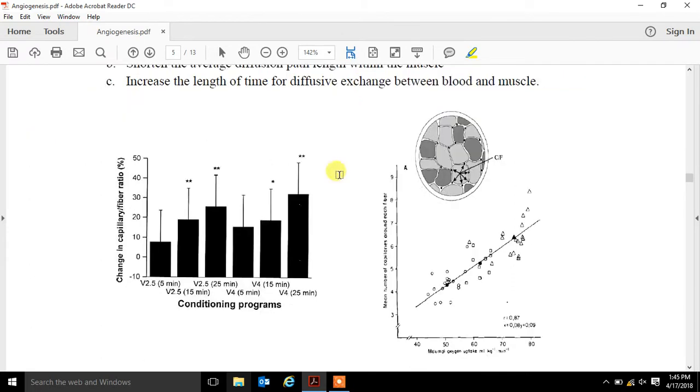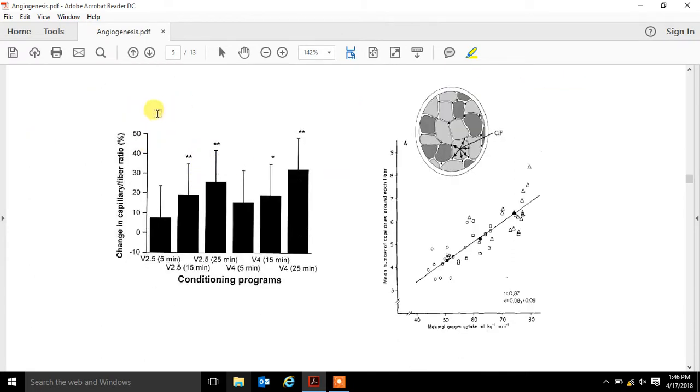If we look at some actual data, we can see this does take place. This is change in capillary to fiber ratio. Here's our cross-section of a muscle, here's each individual muscle fiber, and the little dots are capillaries.